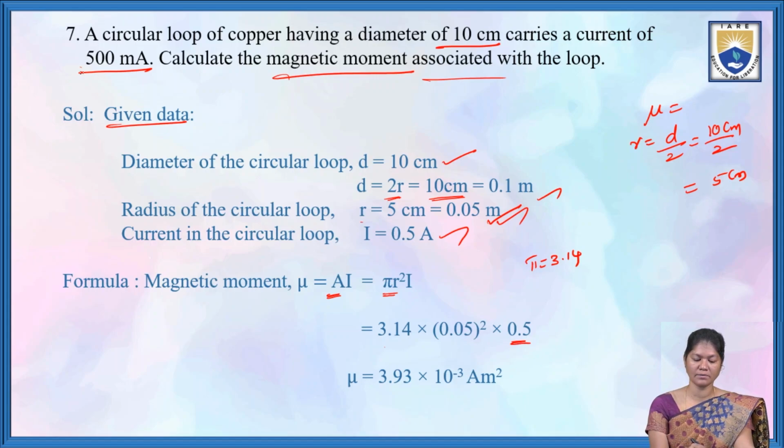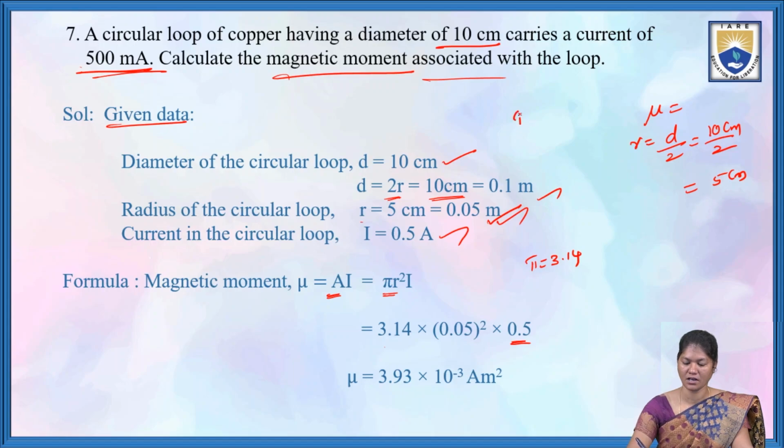Here in the problem, the current is mentioned in milliamps. So converting into amps, I is equal to 500 milliamps, that is equal to 500 into 10 power minus 3 amperes, so 0.5 amps.